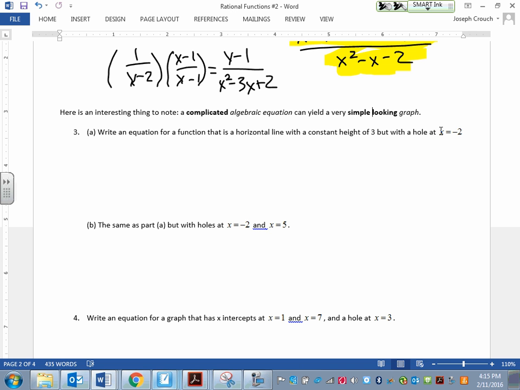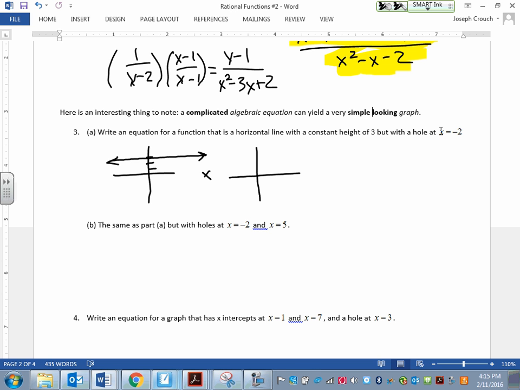So how about I think of this by thinking about multiplication of a couple graphs. Let's start by putting on here the graph we want to start with without the hole. So that's a horizontal line at a constant height of 3.